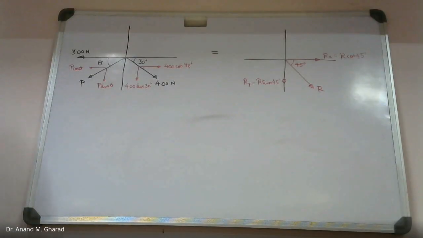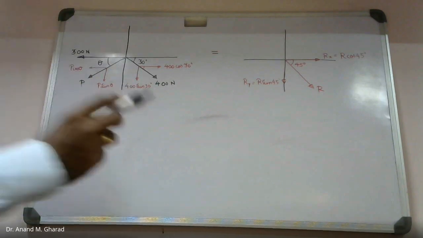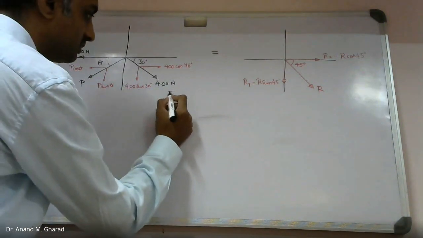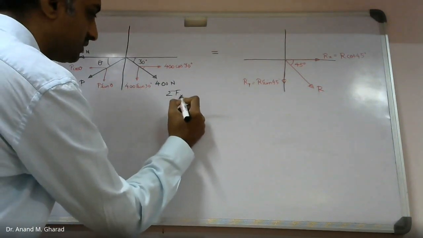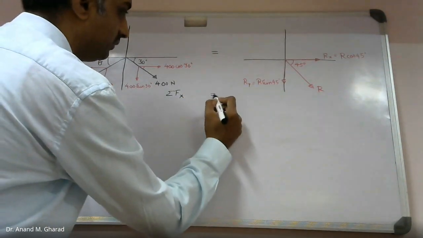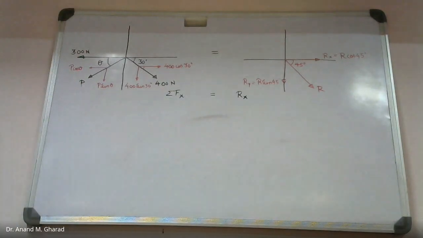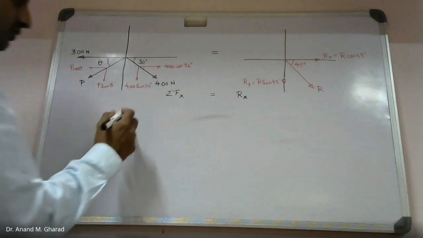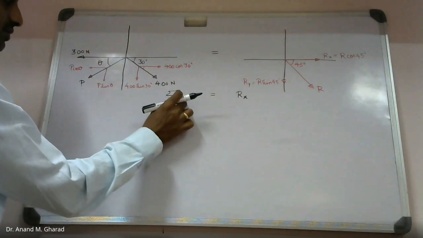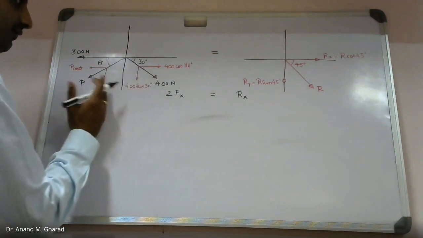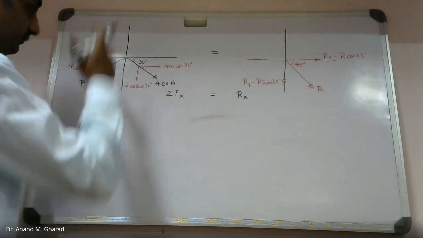Now what we will be finding out? We will be finding the summation of force in x direction, which will be equal to Rx. Correct? So find out the summation of force in x direction for the left hand side part of this figure.